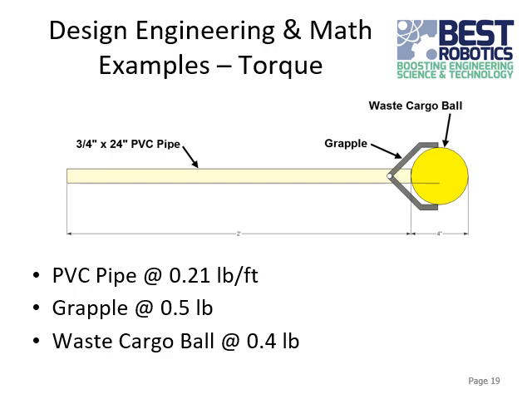So here's just a really simple arm example. They have a 2-foot long PVC pipe as the main part of the arm, and they've got a little gripper there that they say is half a pound. This example is from an old year where they had cargo balls, but that could be really anything, and they're saying that they need to lift up 0.4 pounds for that.